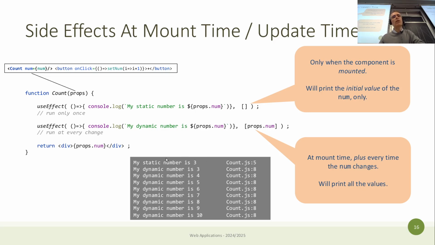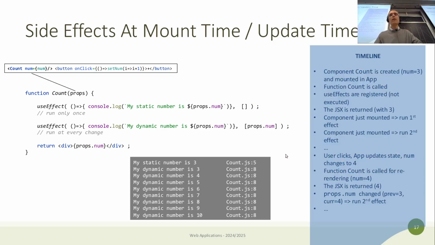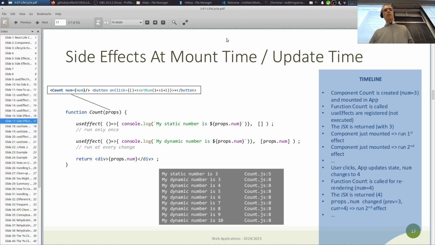Every time you change the state, it becomes a prop here, and the prop drives this useEffect and tells the useEffect to run the code after the render. You print the console log my dynamic number is with the new value. And you see also the first value because, as we said, it is run also at the beginning after the first rendering. Let's just try the example.